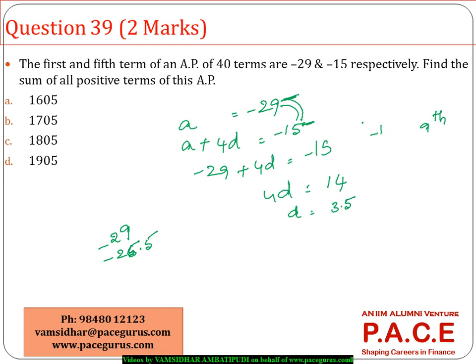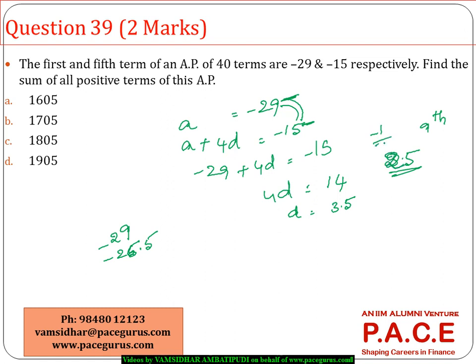So right from the 10th term onwards till the 40th term, I have to add, because the 10th term will have 2.5.